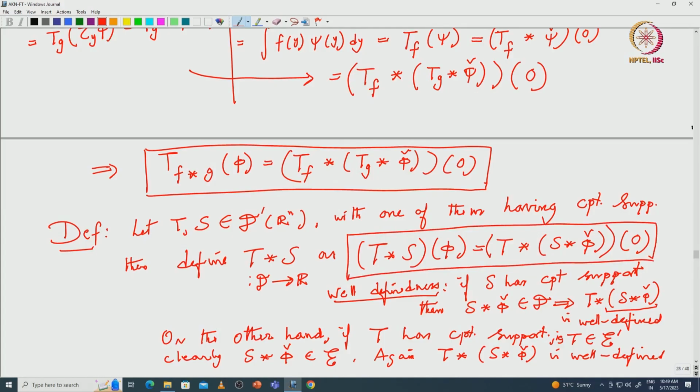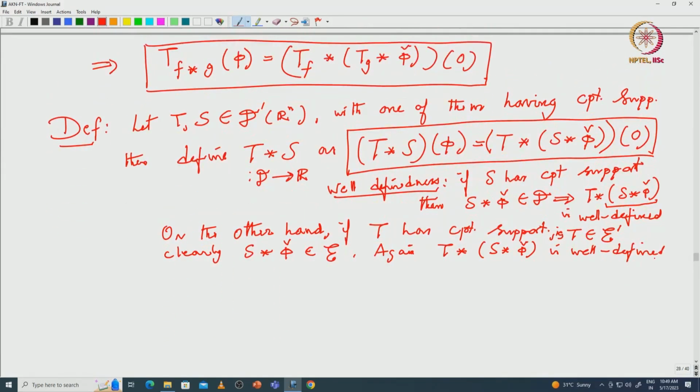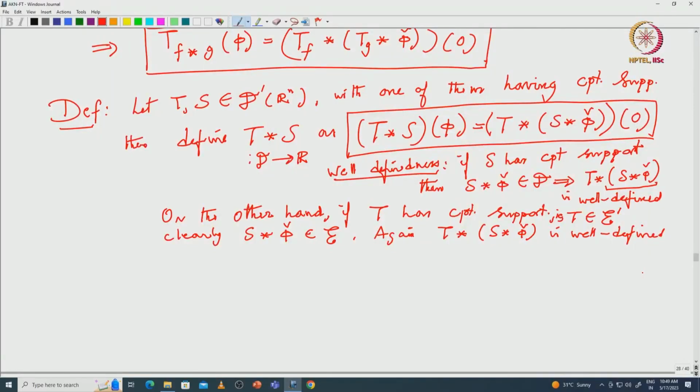So, you have that one. So, this is a remark on another way of defining convolution.